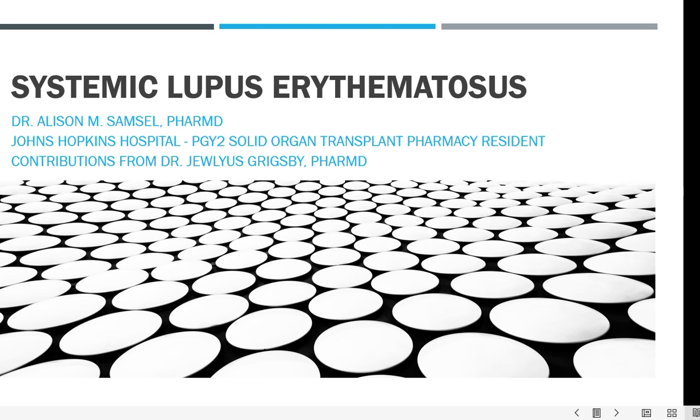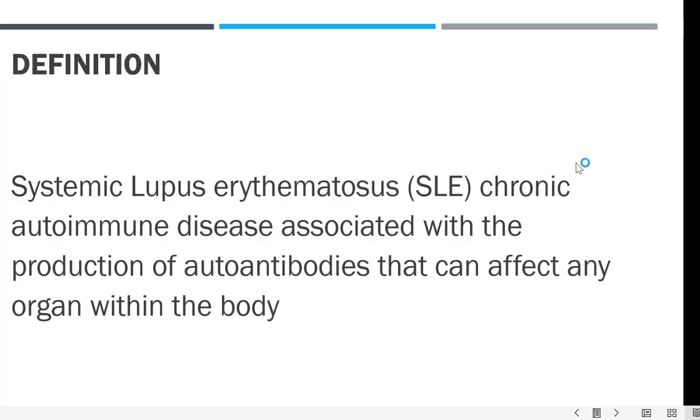So the standard definition of SLE is a chronic autoimmune disease associated with the production of autoantibodies that can affect any organ within the body. There is no known cause. It is thought to be led by autoreactive B cell activation by our T cells, leading to immune complex deposition in our tissues, as well as activating an autoimmune cascade that may be limited to a single organ, as well as can potentially cause widespread systemic organ involvement.